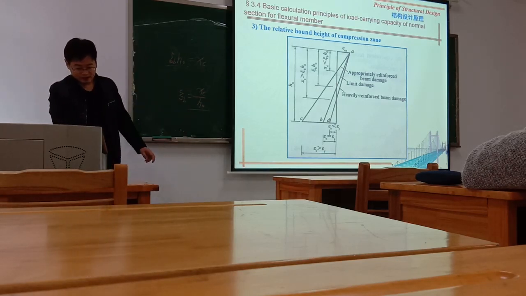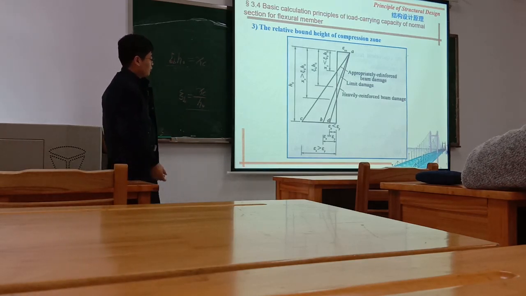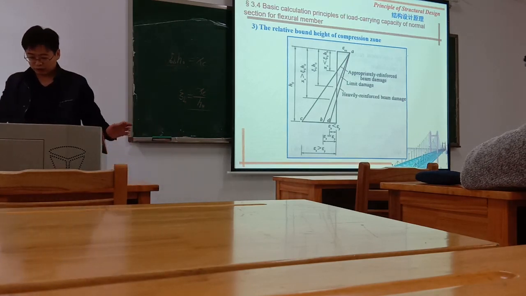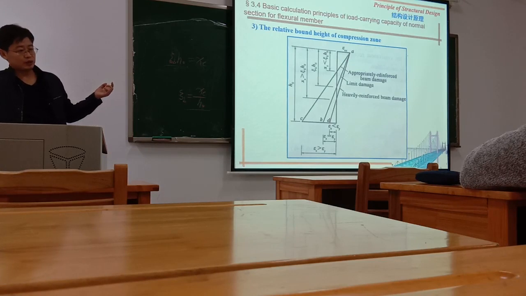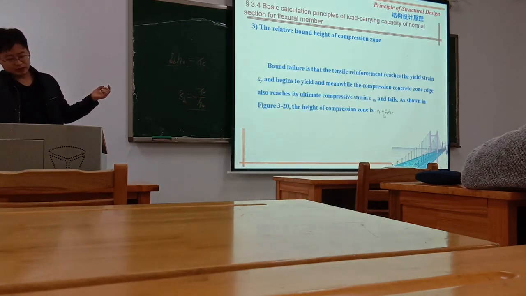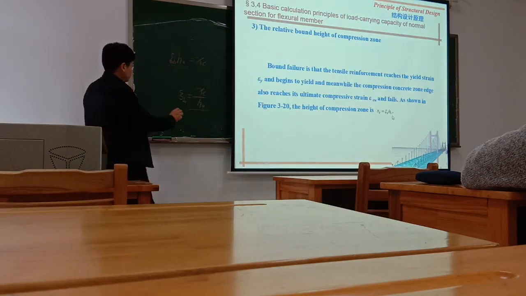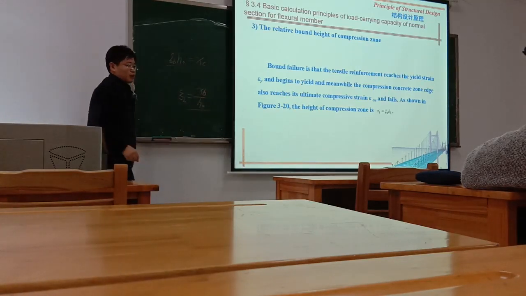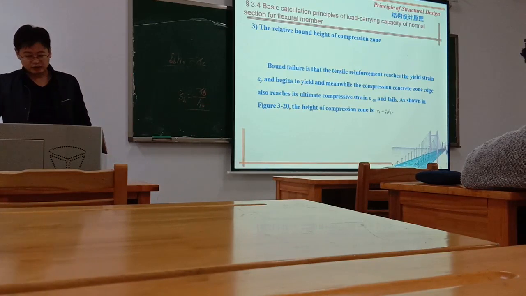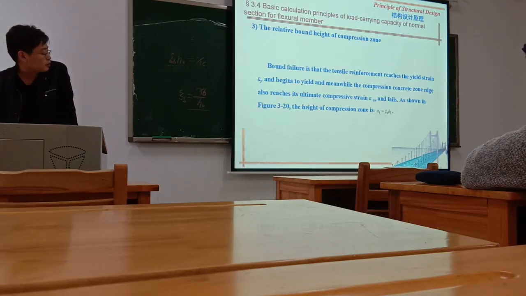So we need to make sure the reinforcement ratio is smaller than the maximum ratio. Then this here is XB, the boundary compression height. So XB equals Kc B H0.